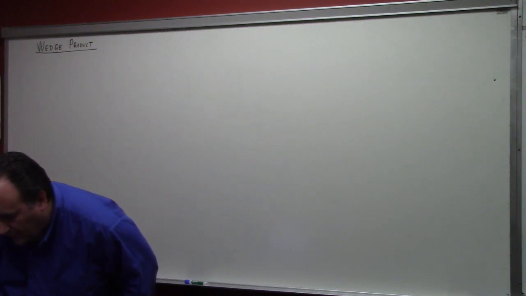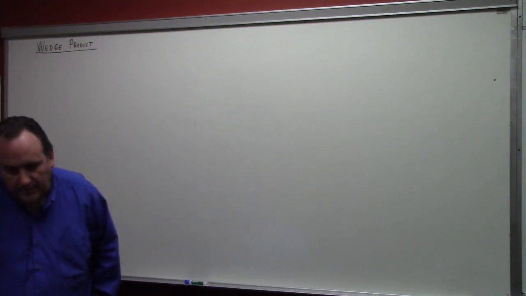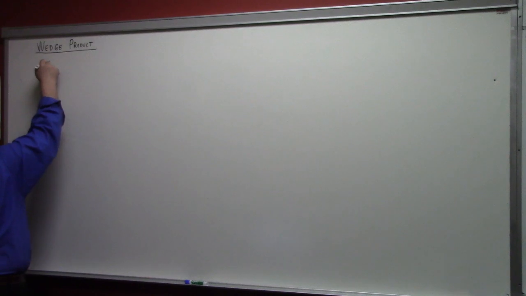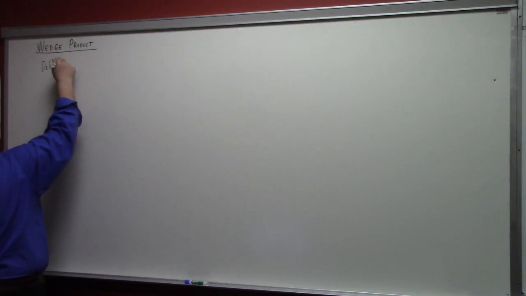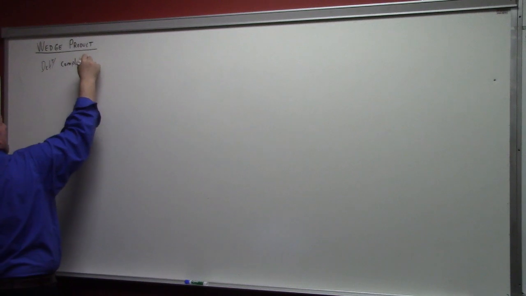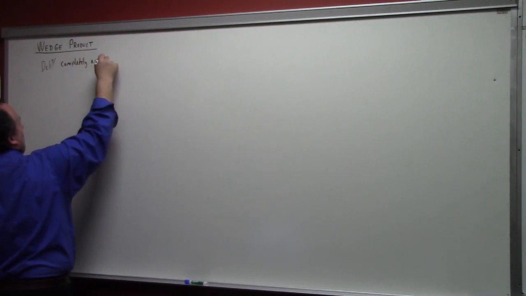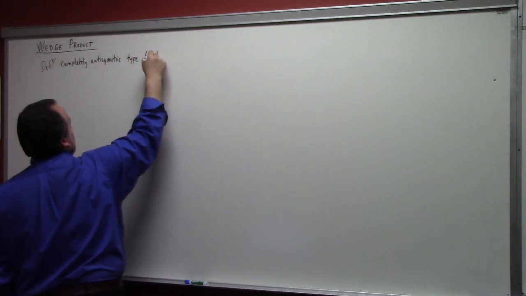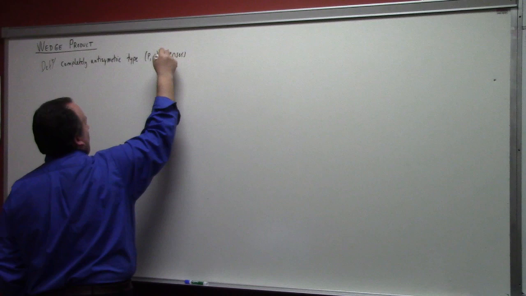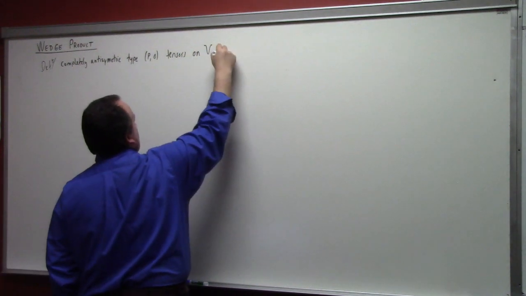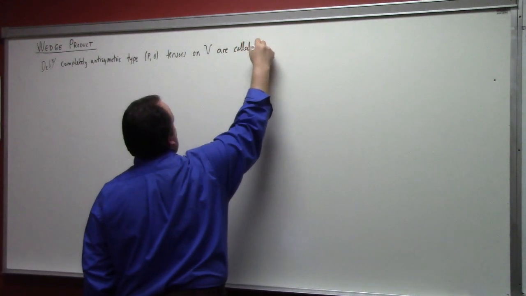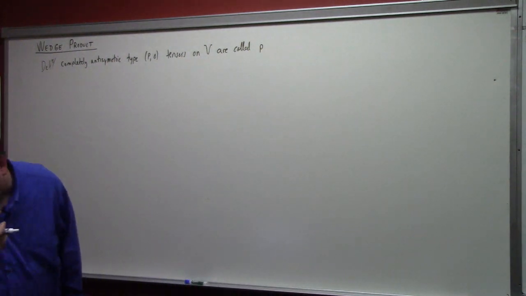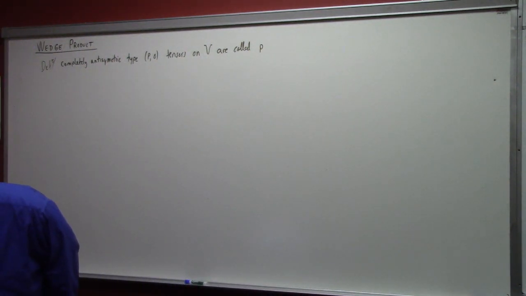I suppose I should mention that we have a notation for completely anti-symmetric. Definition: the completely anti-symmetric type P0 tensors on V are called, I guess they don't give them a name.